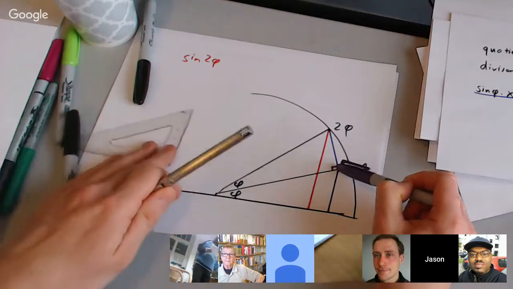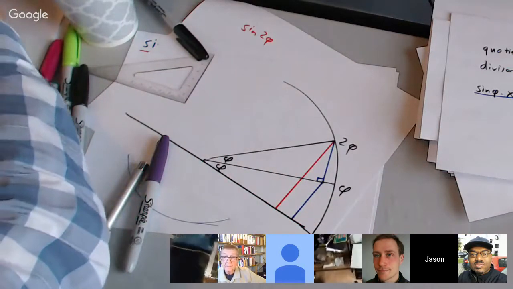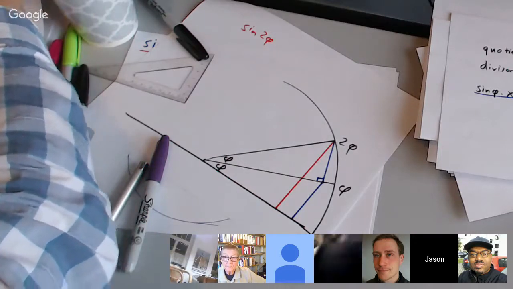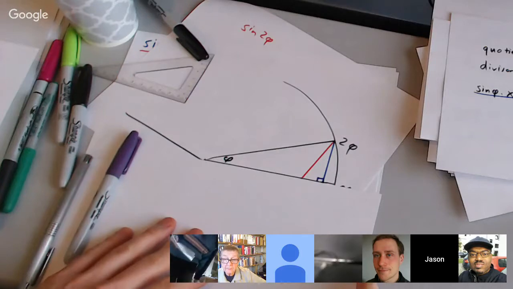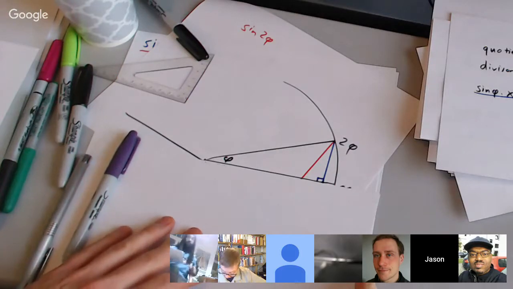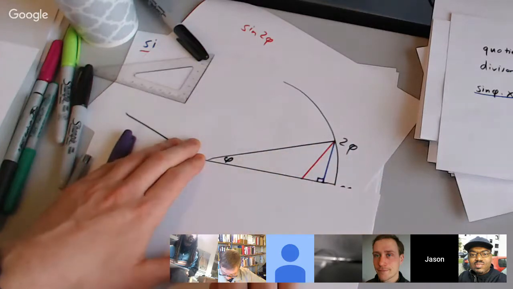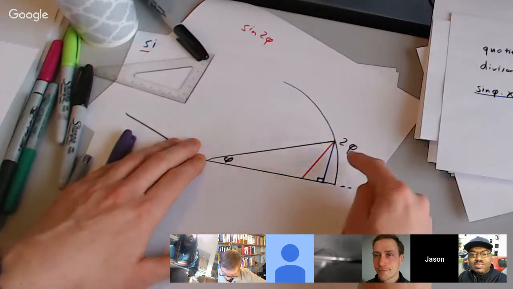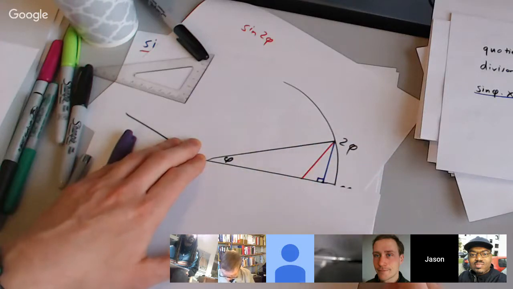Yes, it's the sine of phi. We'll turn it on its side a little bit so that we just have this triangle all by itself. Then we've got a right triangle, and this angle is phi, so this purple line would be the sine of phi. Yes, that's right.